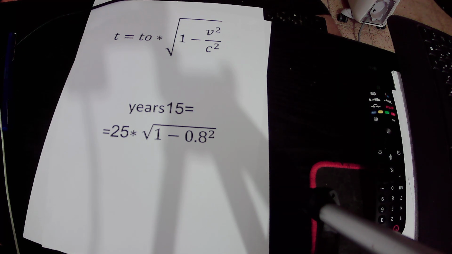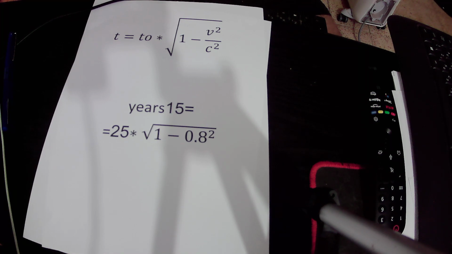As mentioned, from the point of view of the brother who is on Earth, his twin brother is moving in the spaceship at very high speed.